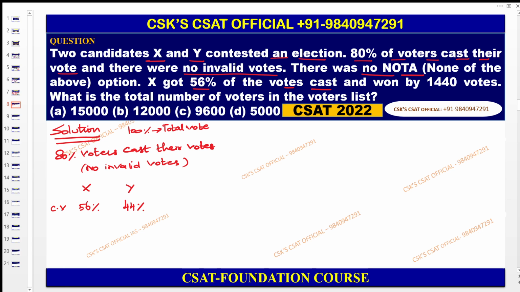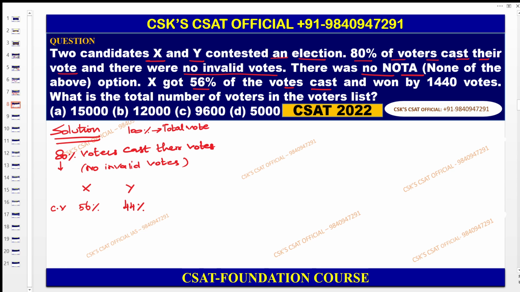Then you need to take that 80% as 100. Of these you have to take 56, which means the remaining 44% of the vote of that 80 goes to Y.